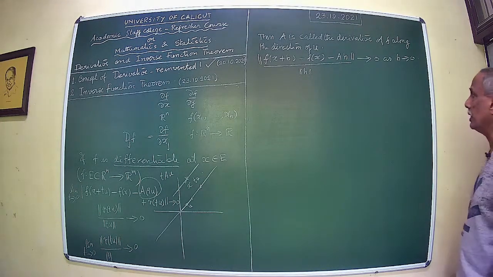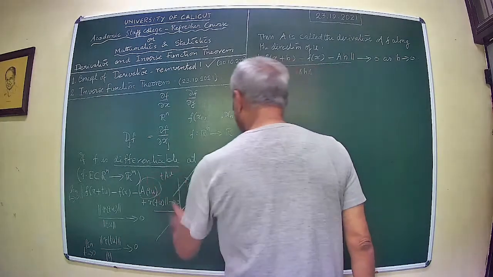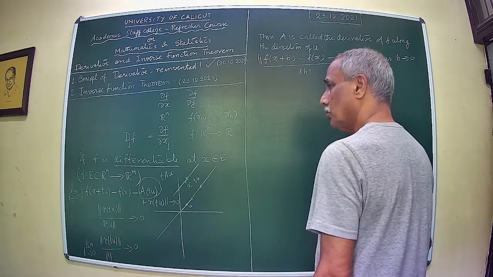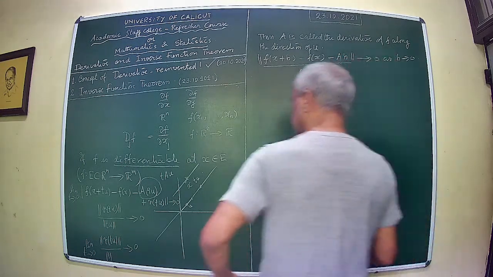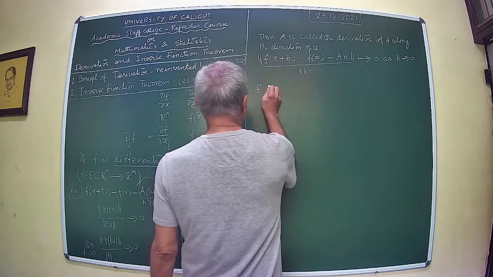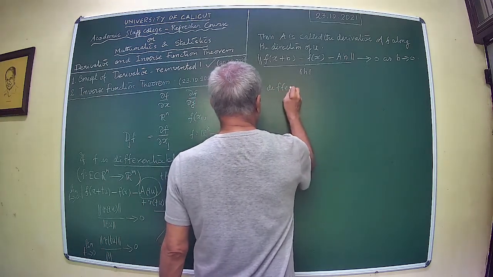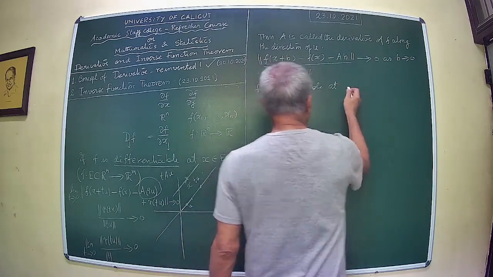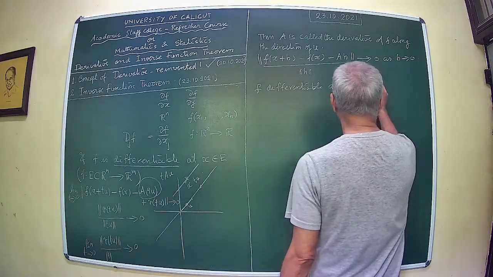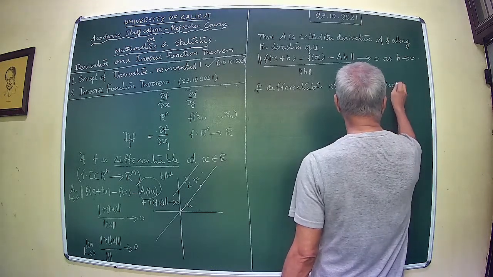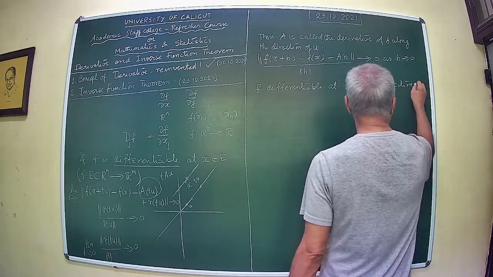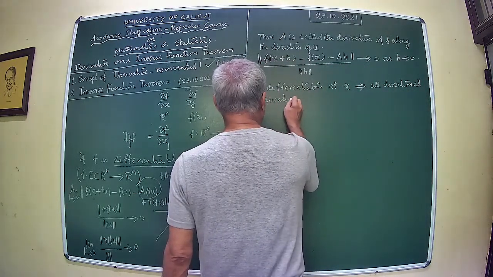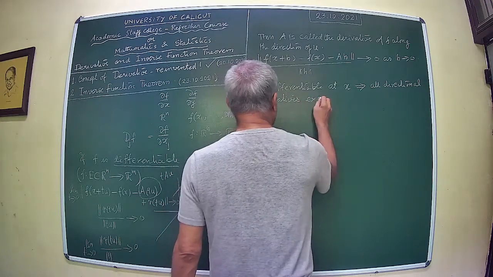If this happens, in particular it will happen for tu, and let t tend to 0. So all directional derivatives exist. So f differentiable at x implies this.